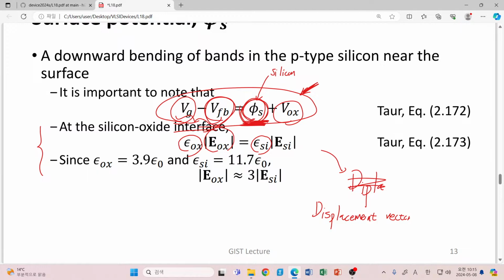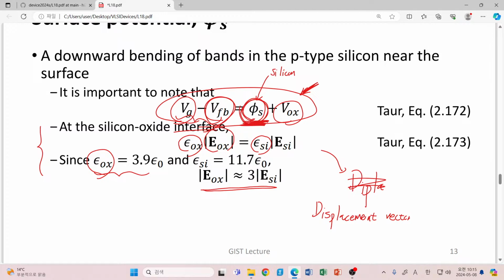And also it happens that in our conventional setting, the oxide permittivity is just 1/3 of the silicon permittivity. So we usually have this form. Yes, in the oxide layer we have 3 times higher electric field than in the silicon layer at the interface.